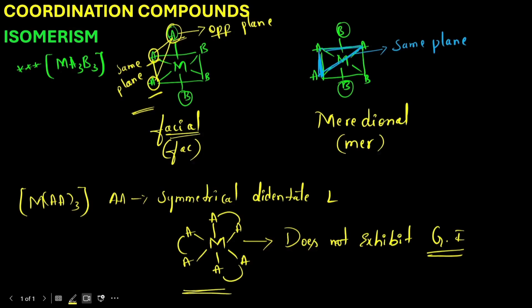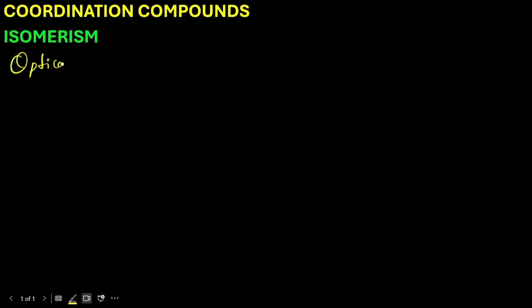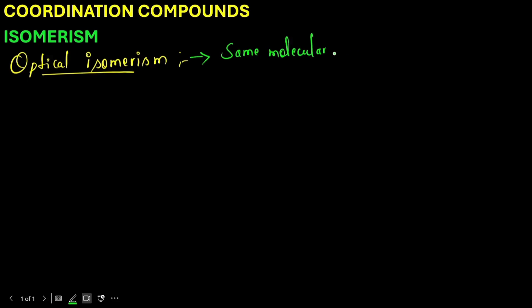Now we will start optical isomerism. In optical isomerism, coordination compounds will be having the same molecular formula, but different in the direction of rotation of plane polarized light.